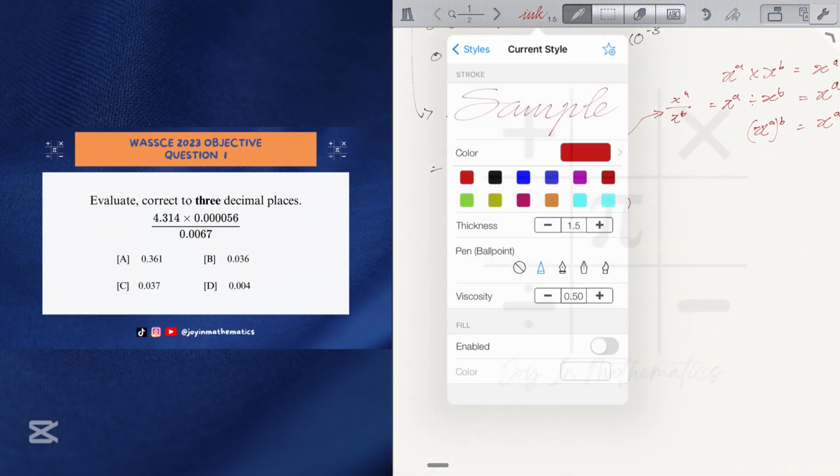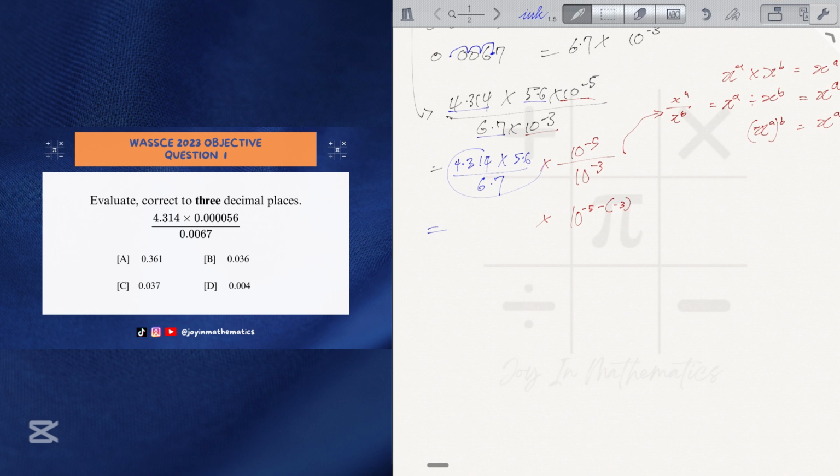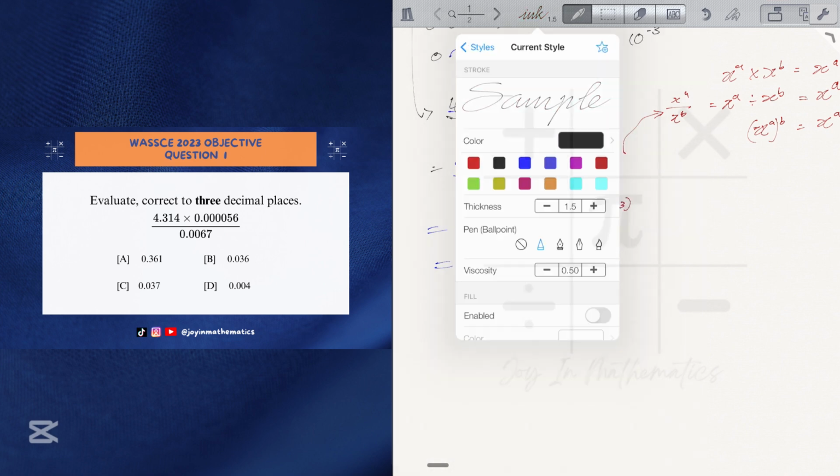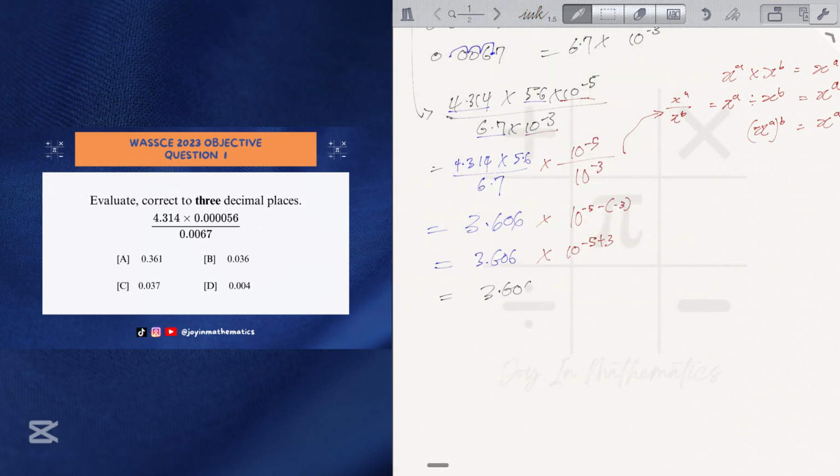And if we use our calculator or tables, we'll have 3.606 for the numbers, and we will have the indices that we solved: minus 5 minus minus 3 would give us 10 raised to the power of minus 5 plus 3. So we'll have 3.606 multiplied by 10 raised to the power of minus 2.